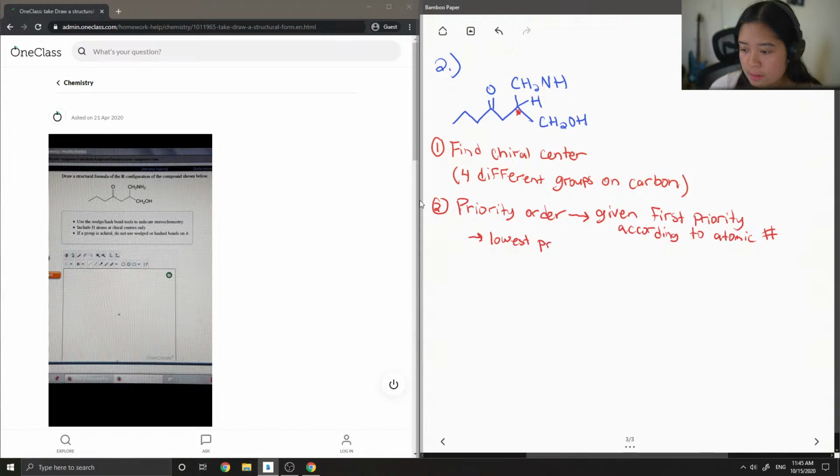So most of the time, it's usually the hydrogen atom. It's placed at the vertical position.